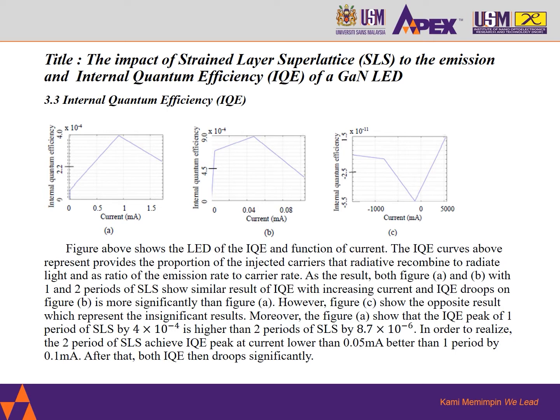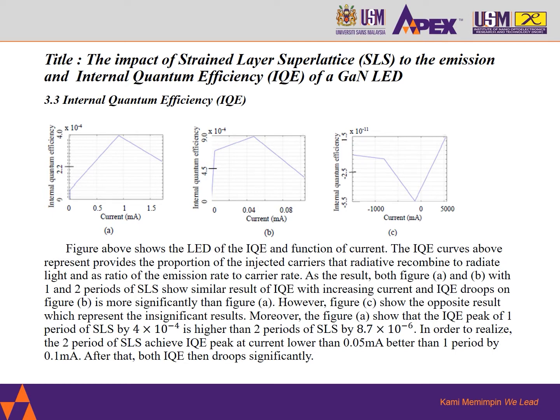As the result, both A and B, with the first and second period of SLS, show similar IQE results with increasing current, and the IQE drop in figure B is more significant than in figure A. However, figure C shows the opposite result, which represents an insignificant result.